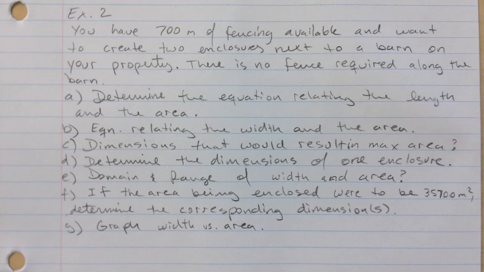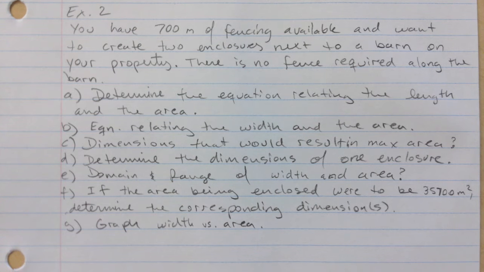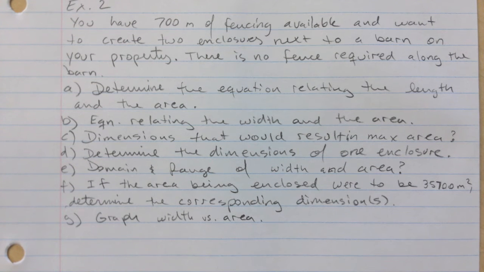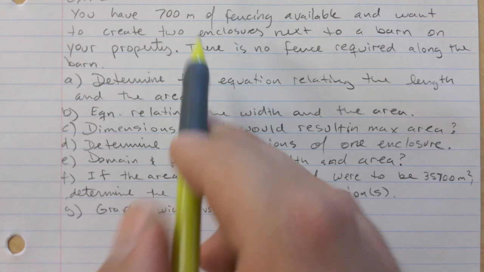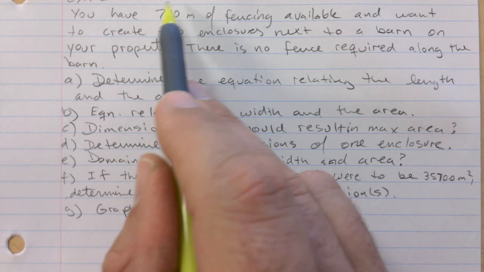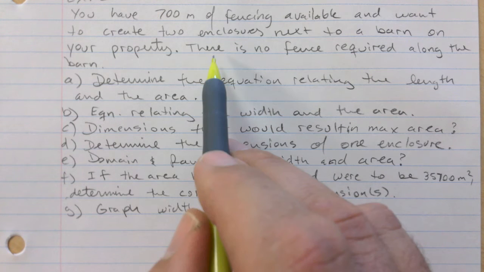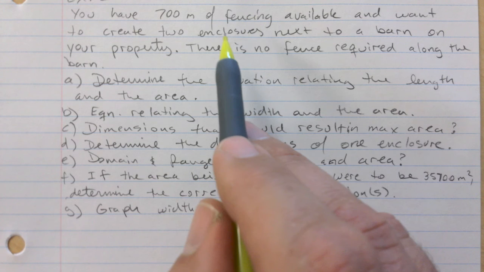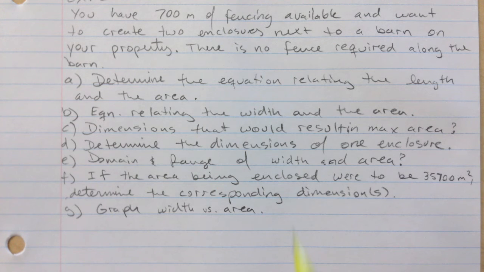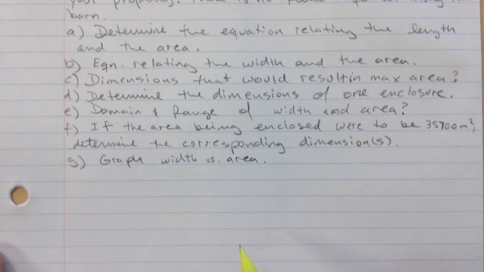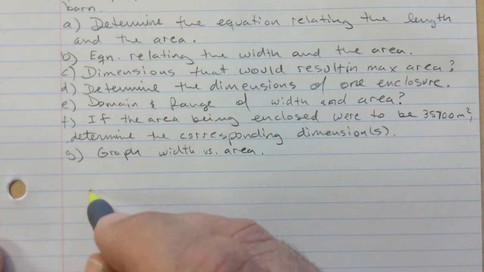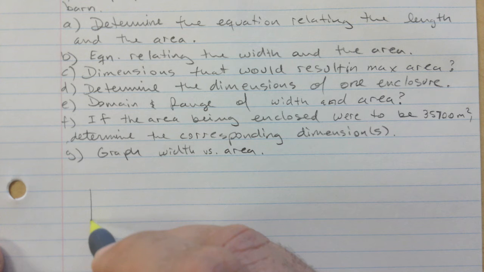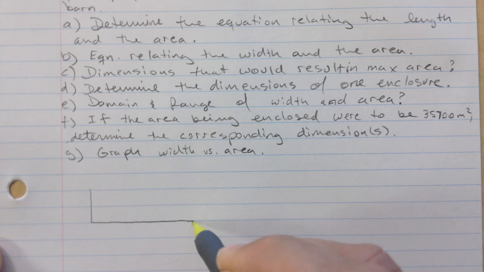We will proceed. Notice that now you have 700 meters of fencing available. Slightly different. And we're building an enclosure next to the barn. Okay, so let's draw this thing. This enclosure is going to be split in two, right?